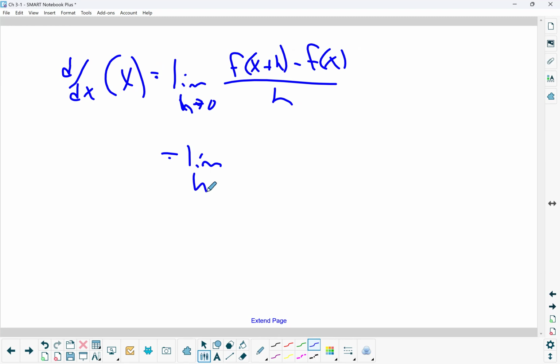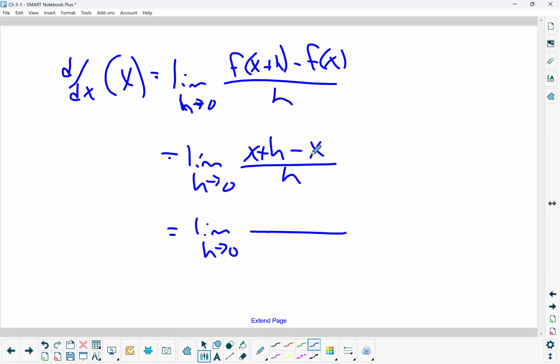So f of x plus h is just x plus h. f of x is x, all divided by h. x minus x, they cancel out. We would have h over h, which is 1. So the derivative of x is 1.